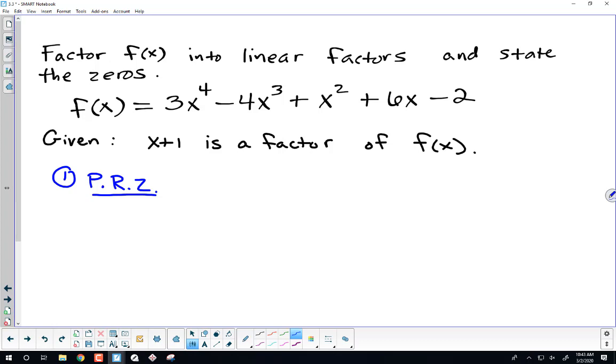Another thing to realize is how these things play out with our steps. We're first going to factor f of x as a linear, the x plus 1 that we were given, times a cubic. We haven't actually worked this out, but after step 1, you're going to have a linear times a cubic. Then you go through another round of synthetic division to break the cubic down.